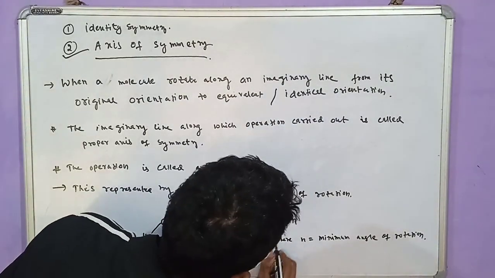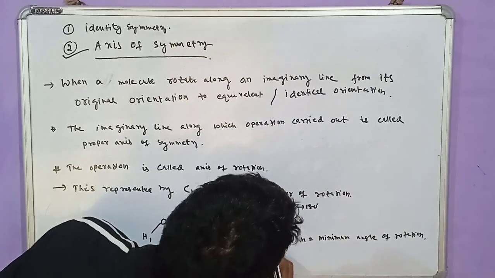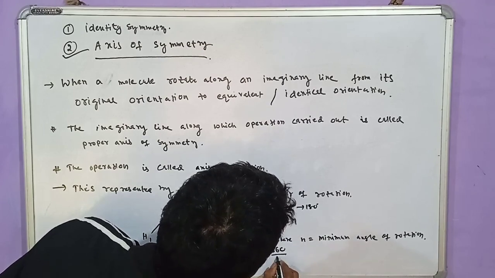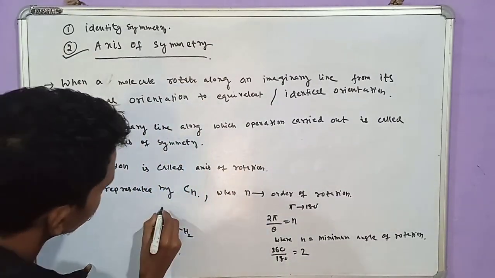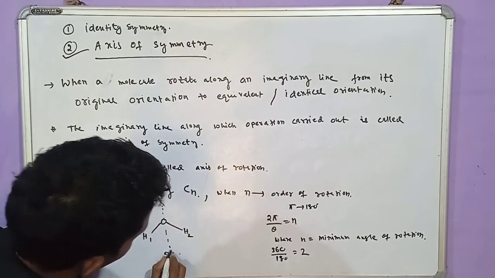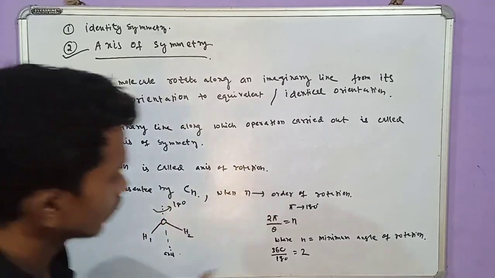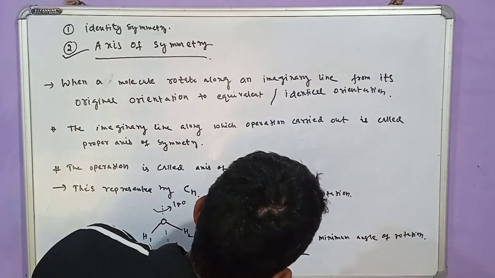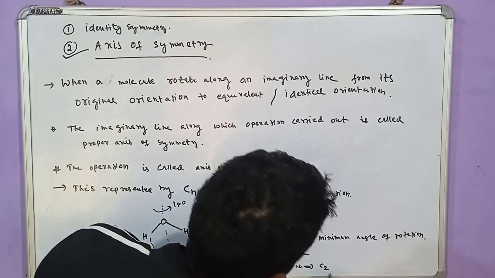Pi equals 180 degrees, so 2 pi is 360, and if we rotate by 180 degrees, then n equals 2. So Cn with n equal to 2 becomes C2.